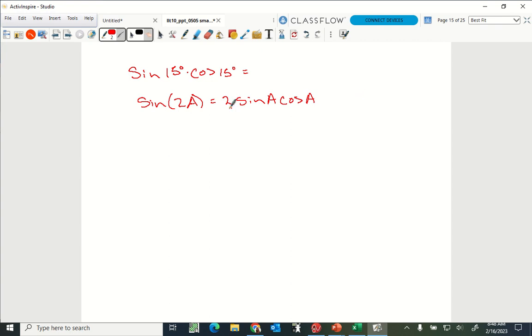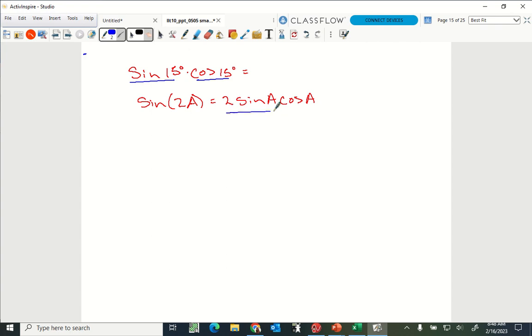Now, is everyone okay with what I did? All I did is I just copied down the formula that I have. I got to look to see what information I have. I only have sine times cosine. So what am I going to do to this over here to make it into only sine times cosine?